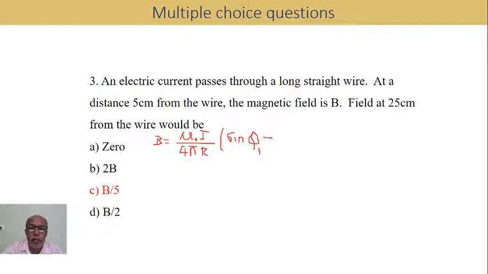This is our general expression for the magnetic field at a point due to a straight current carrying conductor.